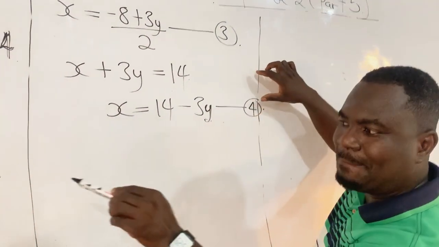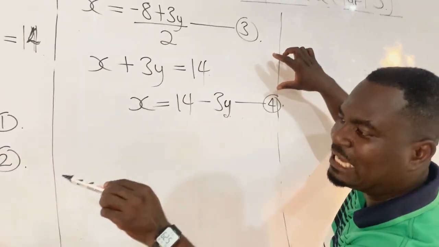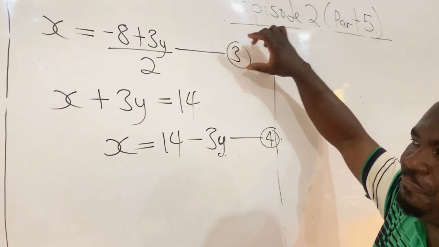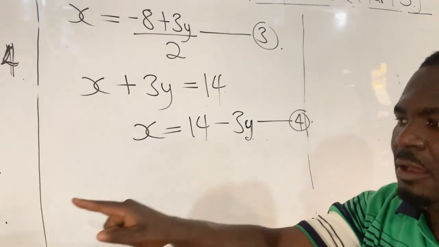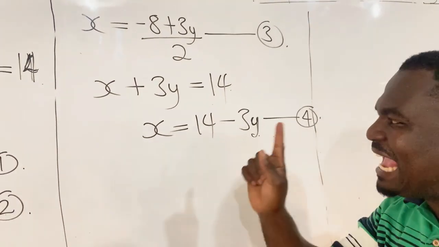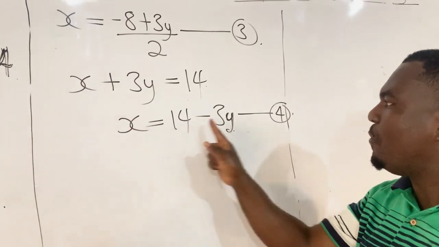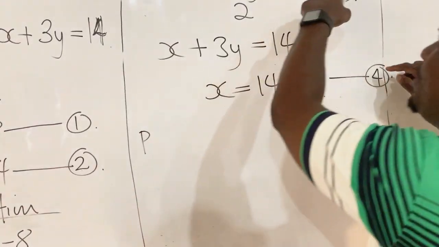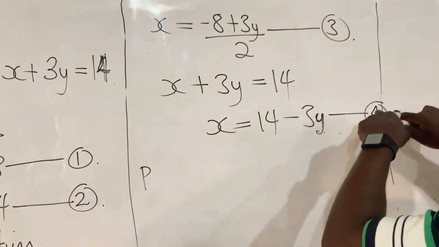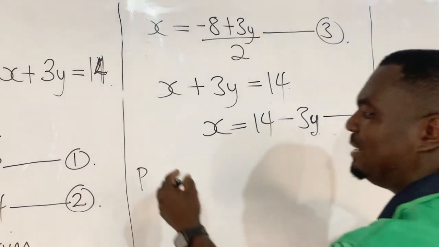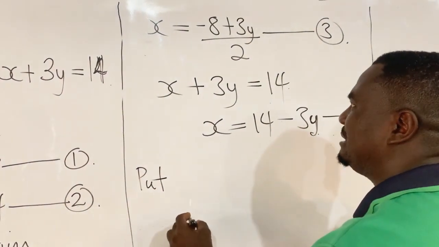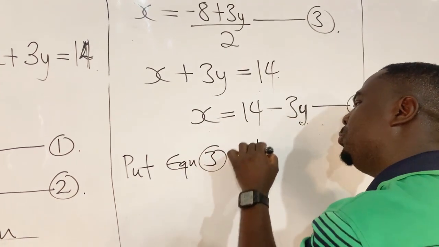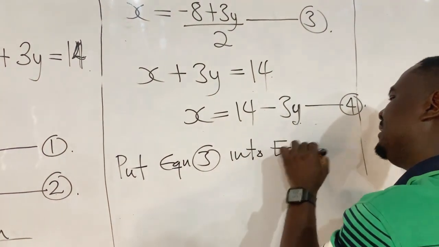So with the method by inspection, I've made x the subject in equation 1 to form equation 3, and with equation 2, I've made x the subject to form equation 4. Because in both equation 3 and equation 4, x is the subject, I'm going to put equation 3 into equation 4.